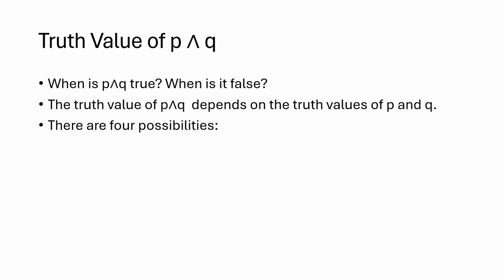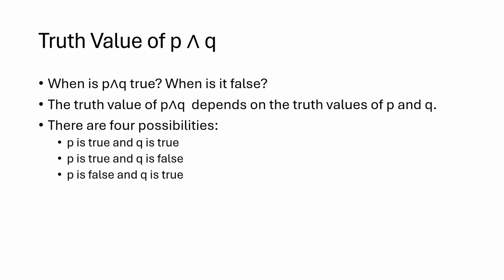It's either that both are true, it could be that P is true and Q is false, it could be that P is false and Q is true, and finally it could be that both of them are false. So we have 4 different scenarios, and the compound proposition P and Q is going to have a truth value depending on which one of these 4 cases we are in.